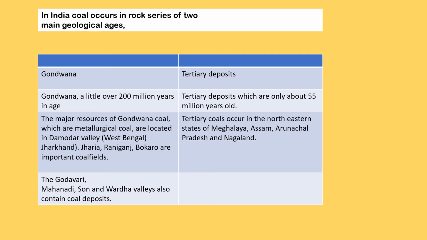The Godavari, Mahanadi, Son and Wardha valleys also contain this coal deposit. Tertiary deposits are only 55 million years old. Tertiary coal occurs in the northeast states of Meghalaya, Assam, Arunachal Pradesh and Nagaland. Children, take a screenshot, write exactly what I've written, learn. It's important. Okay, Gondwana and tertiary deposits.